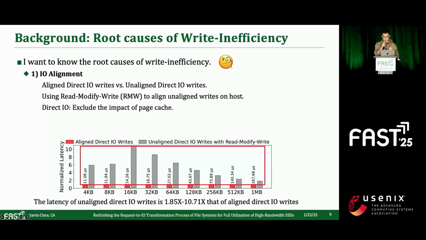The result shows that the latency of unaligned writes is almost 9 times higher than the aligned ones. This is because each unaligned write requires 1 or 2 small SSD reads. As the write size increases, the SSD read latency becomes less significant. However, even with 1 megabyte large writes, small SSD reads can still cause an 80% increase in the write latency.